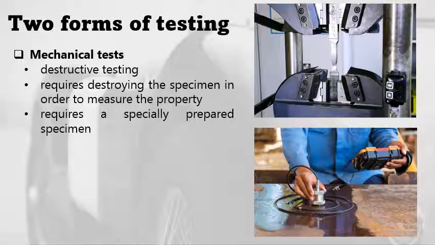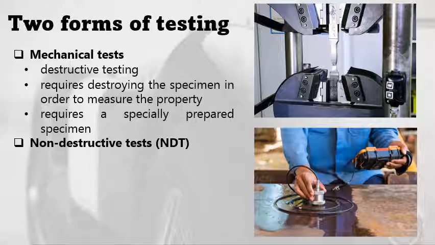And it requires a specifically or specially prepared specimen. So some examples of mechanical tests are your tensile test and your compression test, wherein you're going to have the material being compressed or being stretched so that we can identify the different properties.